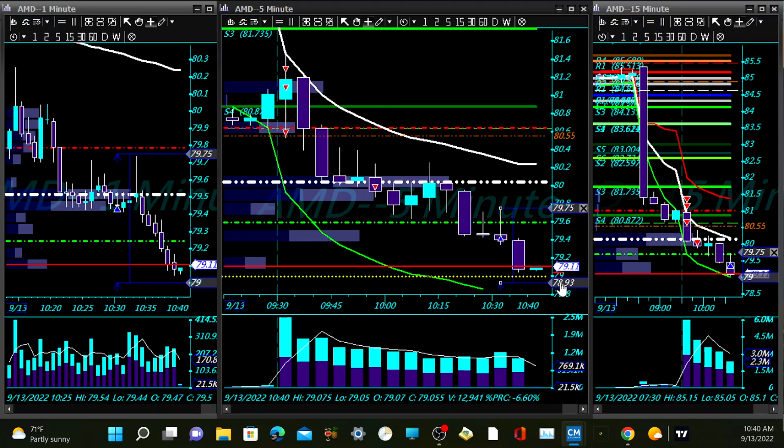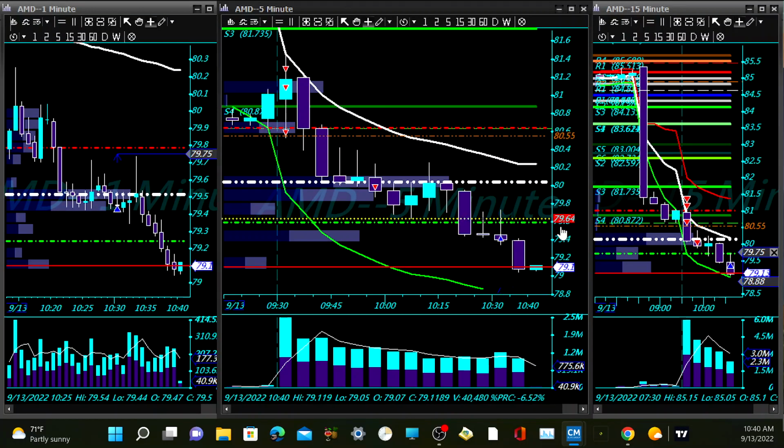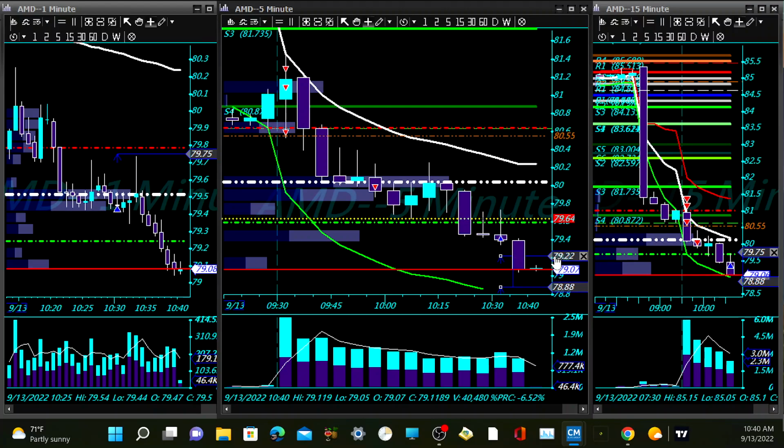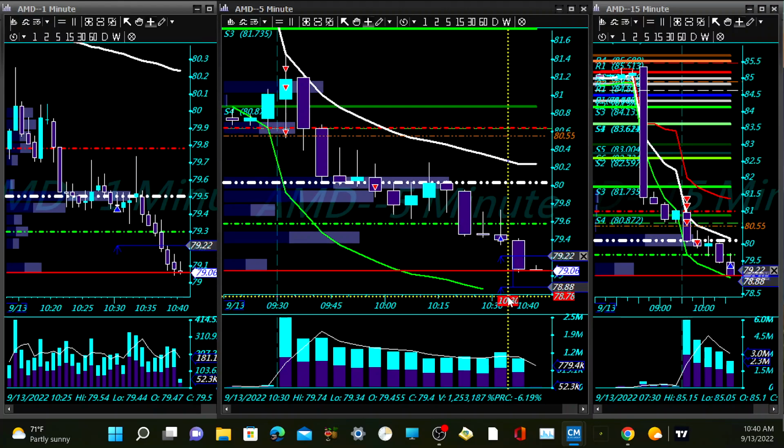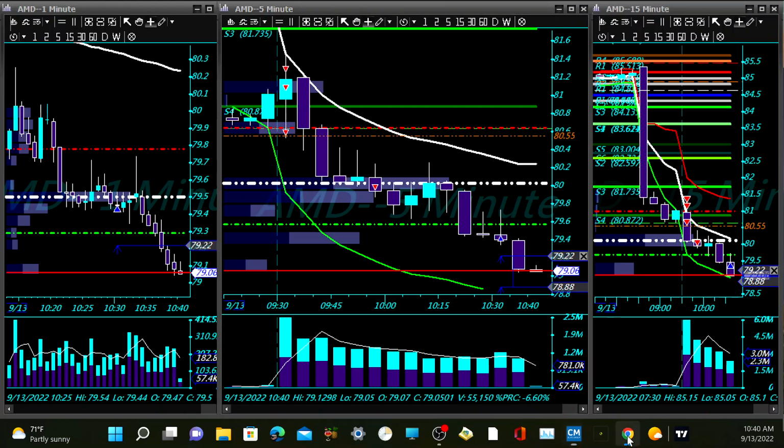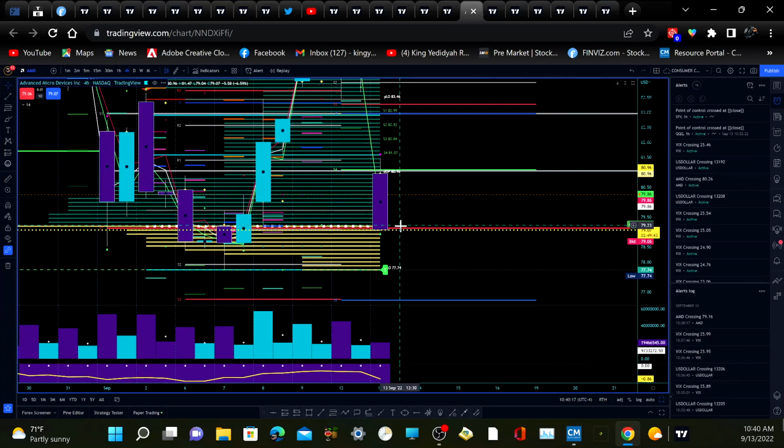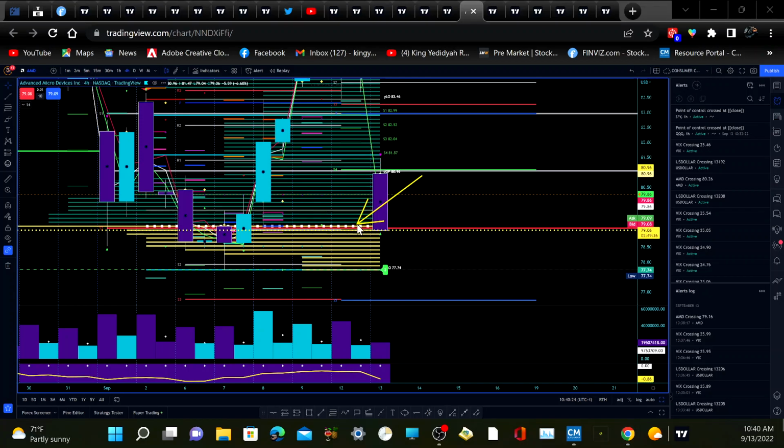Let me just trail my stop down a little more, secure some more profit at around 79.22. That level is the volume point of control on AMD right here at 79.21. That dotted white line, those white dots, that's the volume point of control, and it's close to the monthly S3 level at 79.12.